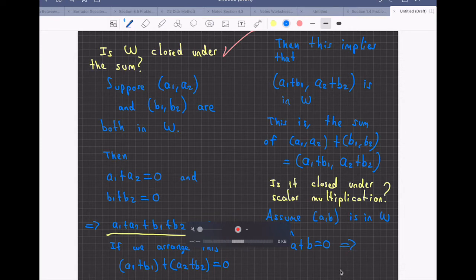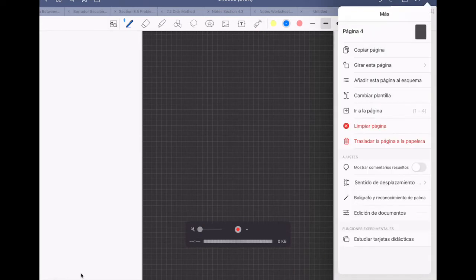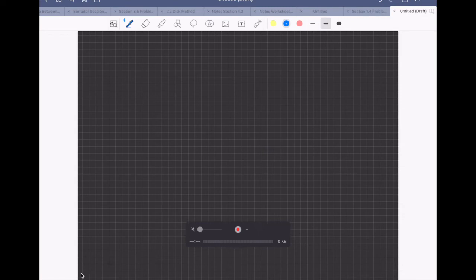And if you multiply this equation at both sides by C, we have C times A plus B is equal to C times 0, for any real number C. So this implies that CA plus CB is equal to 0, right?